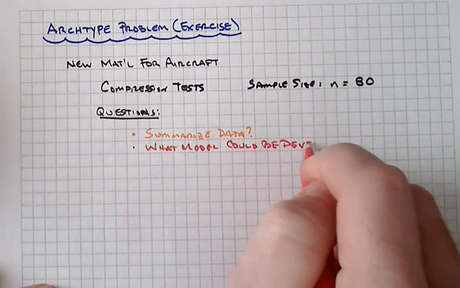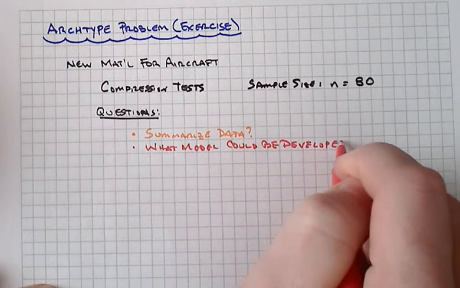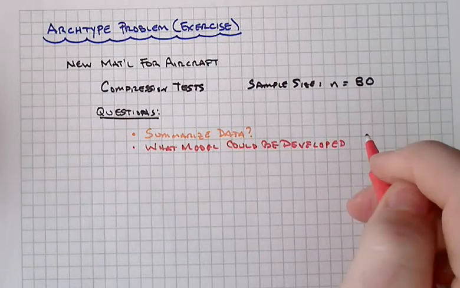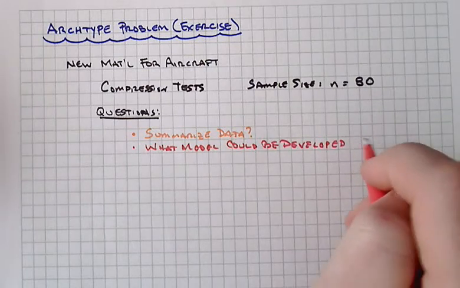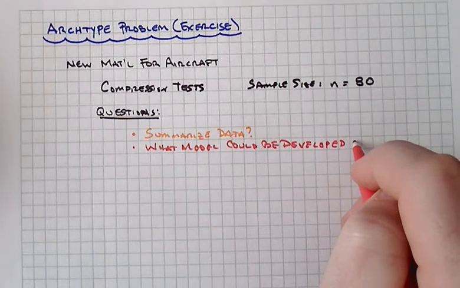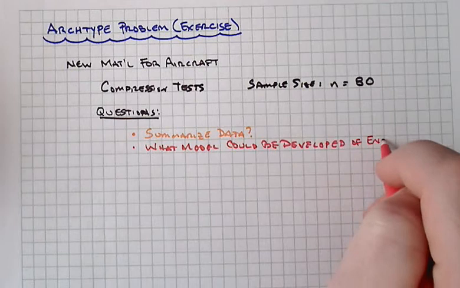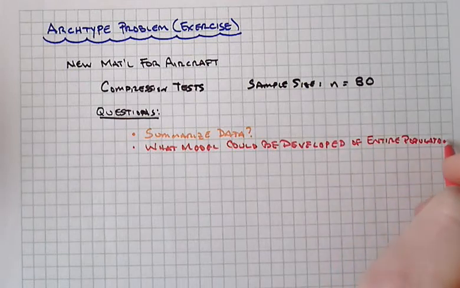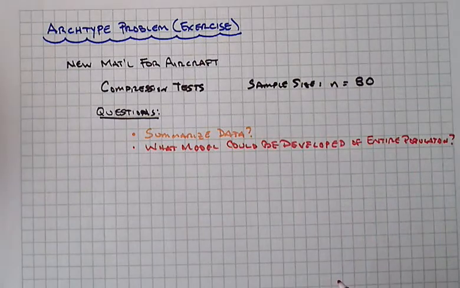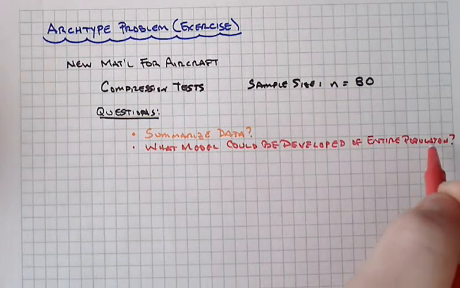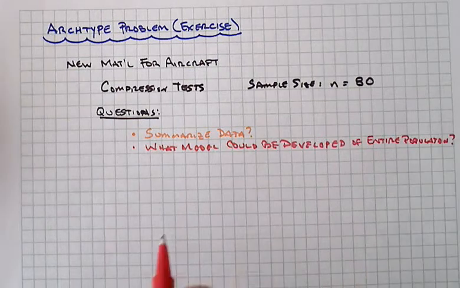In some instances we don't have a mechanical model developed yet, and so that might be one of the questions. But really, what we're trying to get after is not so much the model of that specific data sometimes, but rather of the entire population. So notice we're making a differentiation between this subset of the population of 80 samples versus the entire population of this new aluminum lithium alloy.